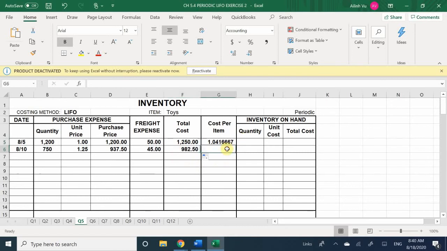Good. And what is my cost per item? $1.52, you said? No, $1.51. I got $1.51.